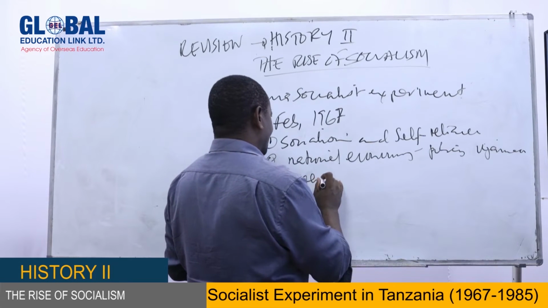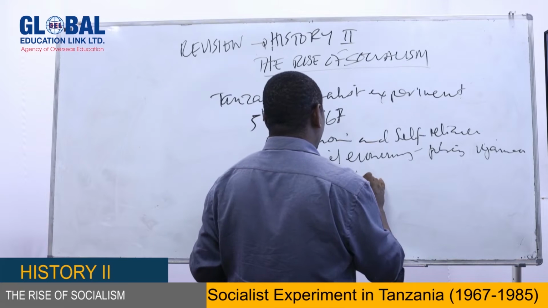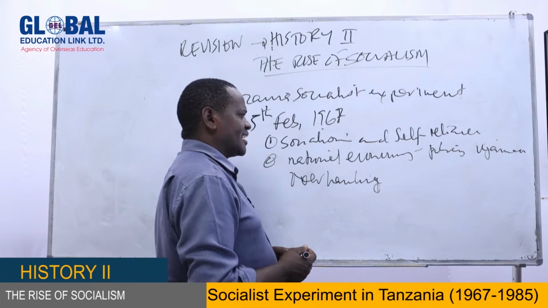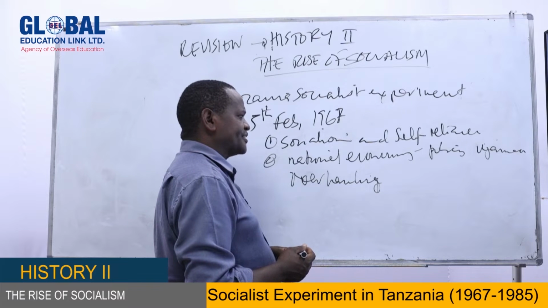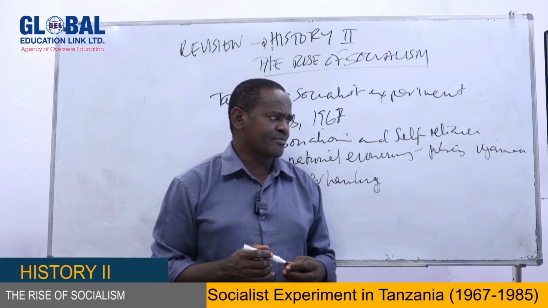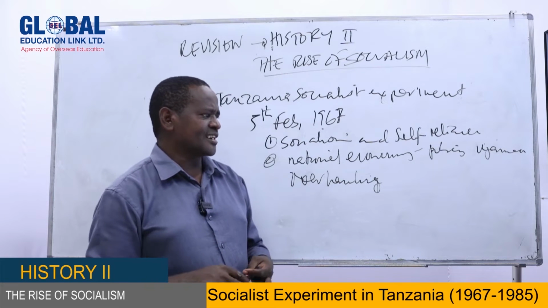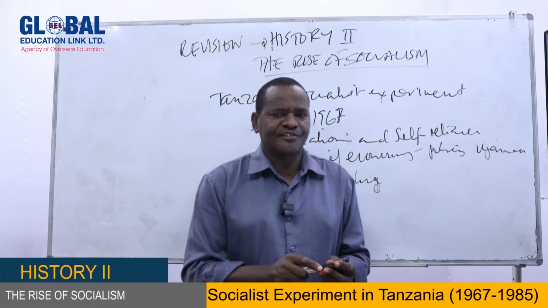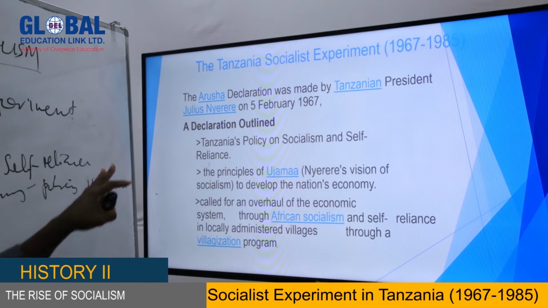Overhaul means to change the Tanzanian economic system completely through what was called African socialism. Of course, we'll come to see this in detail, but this is what we mean by the Arusha Declaration.